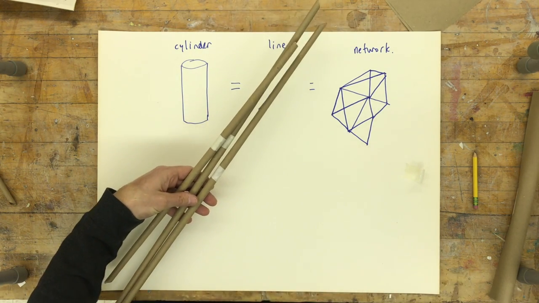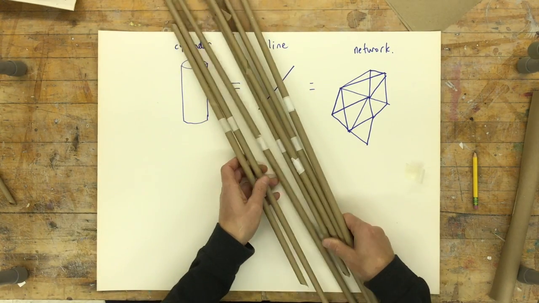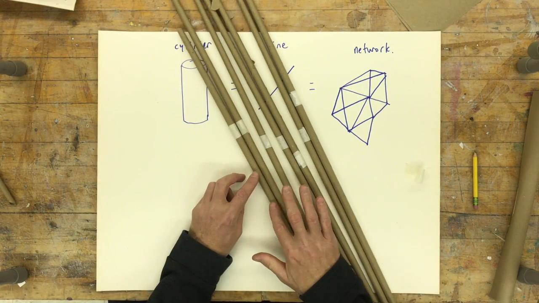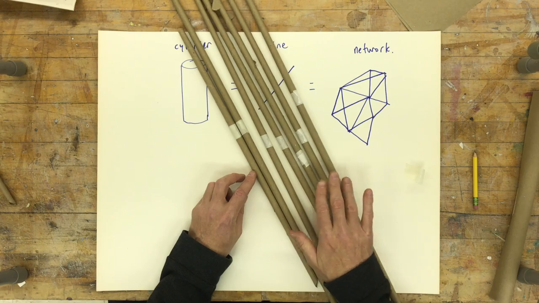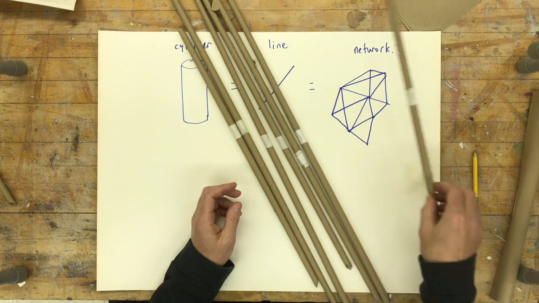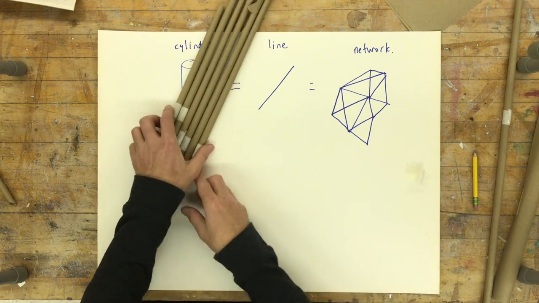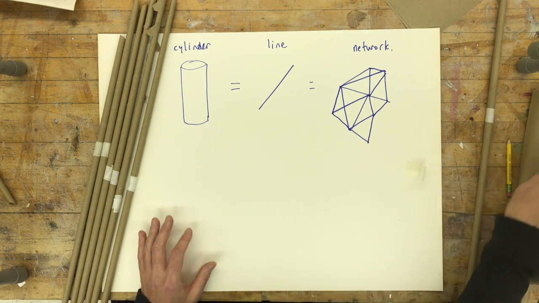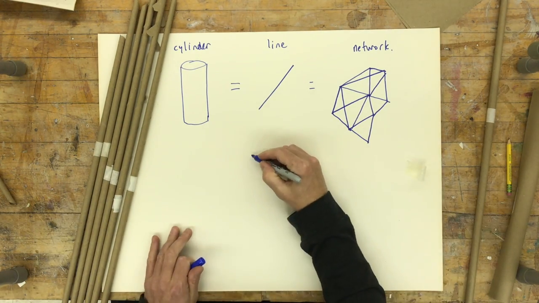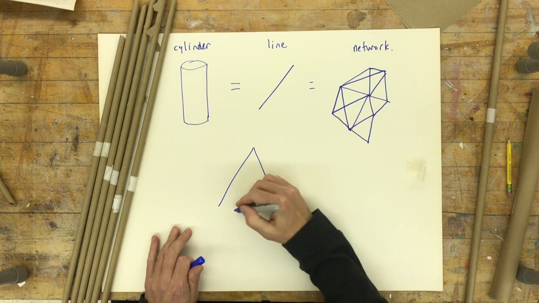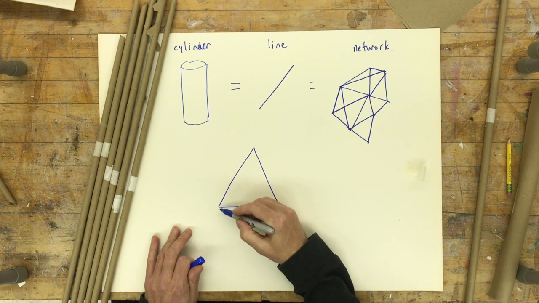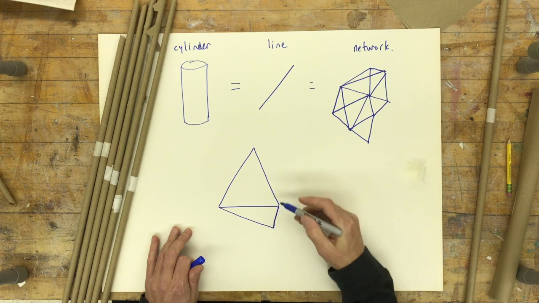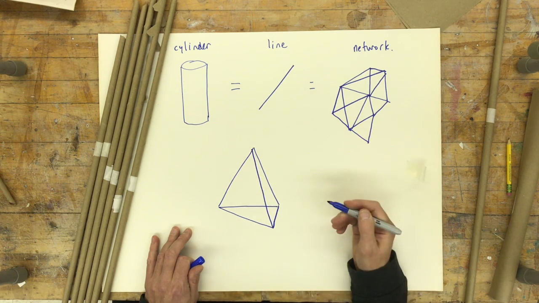So I have a few of these already produced here. I have 1, 2, 3, 4, 5, 6, 7. So I just need 6. I was going to make a very, very basic kind of shape, a tetrahedron. And a tetrahedron is a triangle that is spatially connected here.